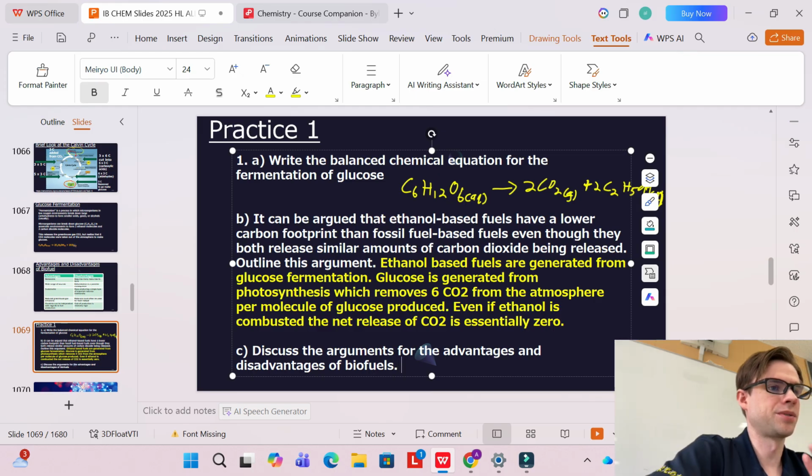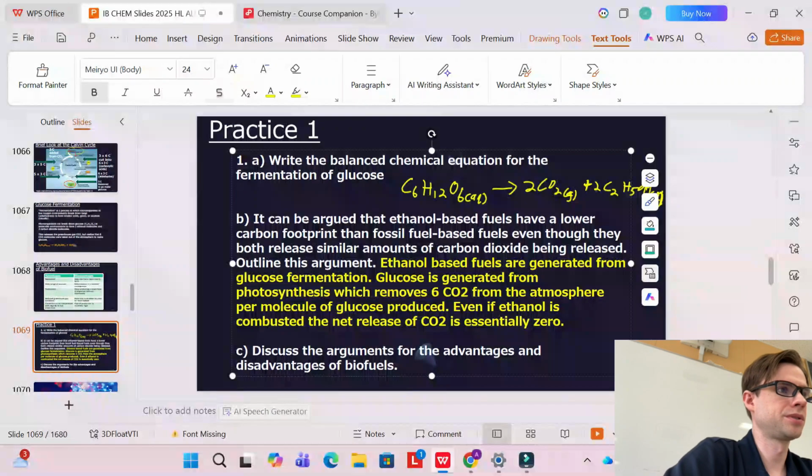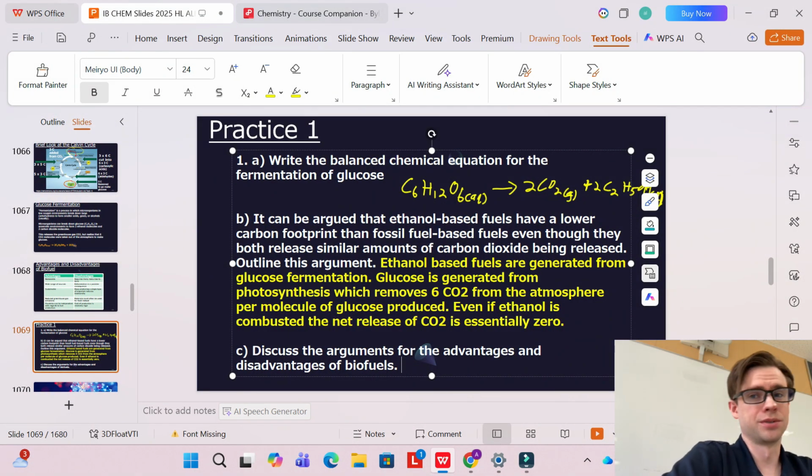C, discuss the arguments for the advantages and disadvantages of biofuels. Doesn't say how many, but usually 2 and 2 is a good rule. 2 advantages, 2 disadvantages. Try to go with the most obvious ones. So for advantages, renewable is huge. We're not going to run out.